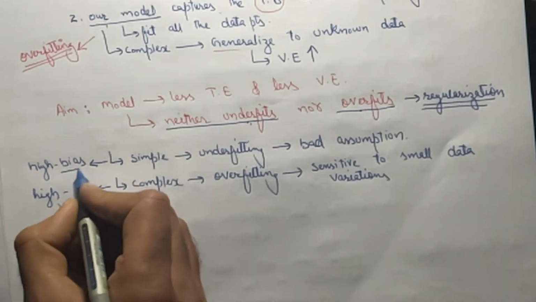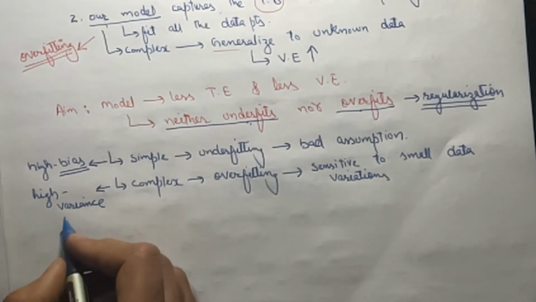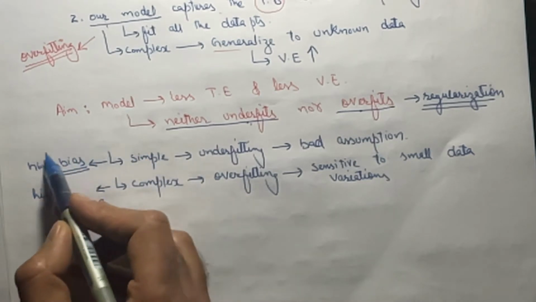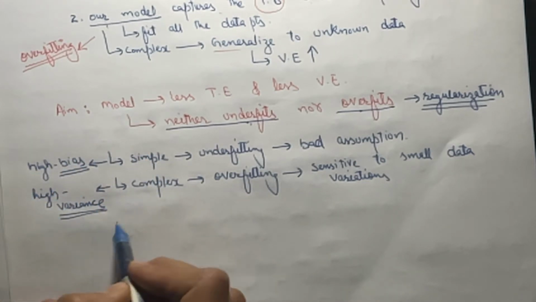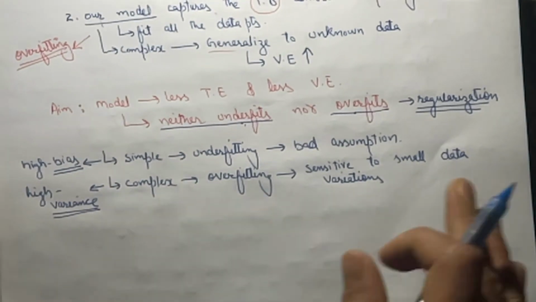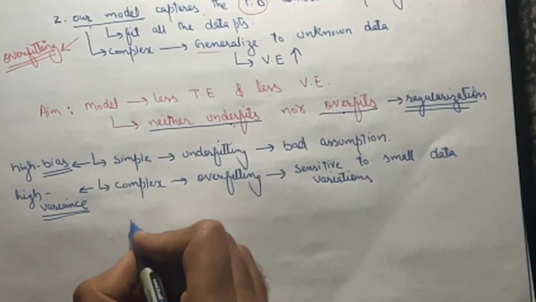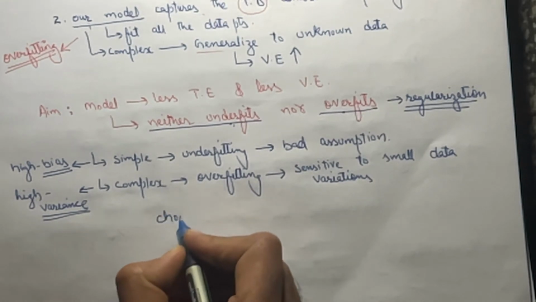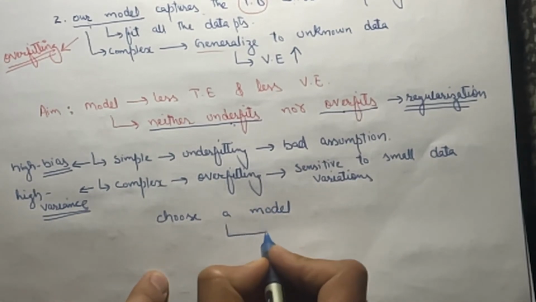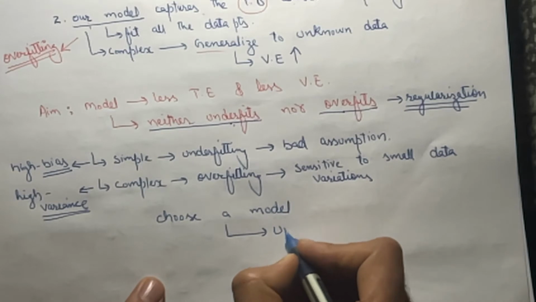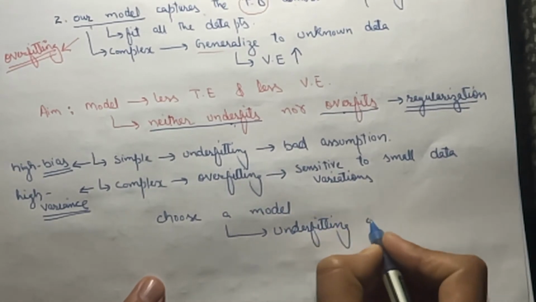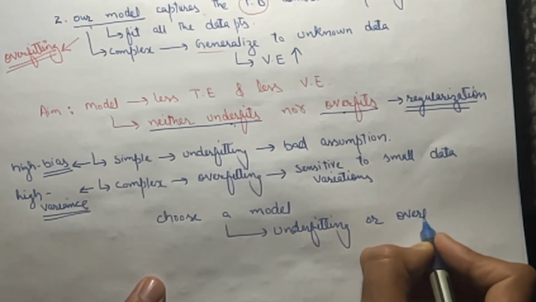First we will need to understand what is the meaning of bias and what is the meaning of variance. Then we will see why this one is called a high bias model and why this one is called a high variance model. Before discussing bias and variance, suppose I have chosen a model. How can I say whether this model is overfitting or underfitting?